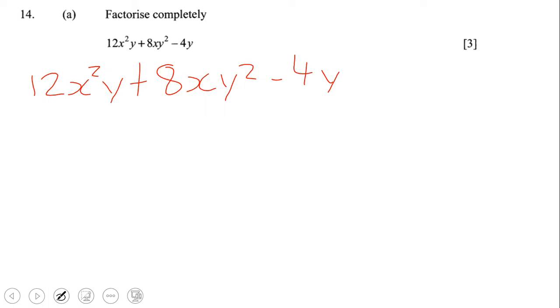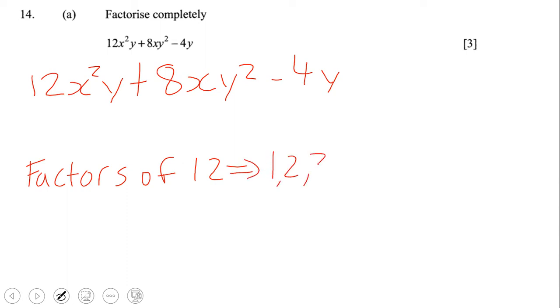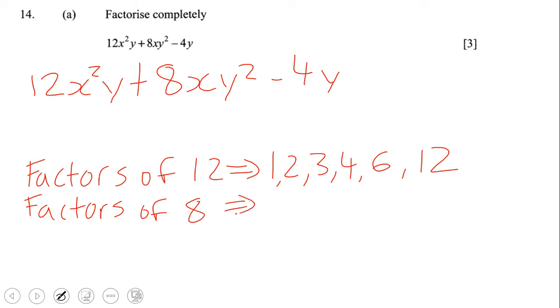What are the factors of 12? 1, 2, 3, 4, 6, and 12. Then the factors of 8: 1, 2, 4, and 8.